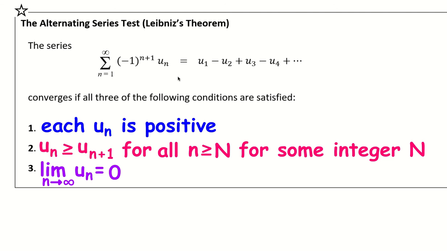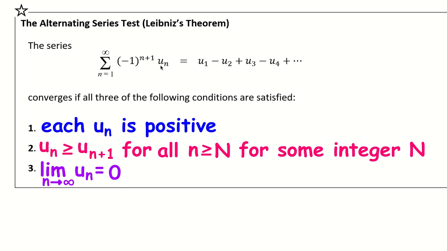An alternating series converges if all 3 of the following conditions are satisfied. All of these terms are positive, other than the alternating part.